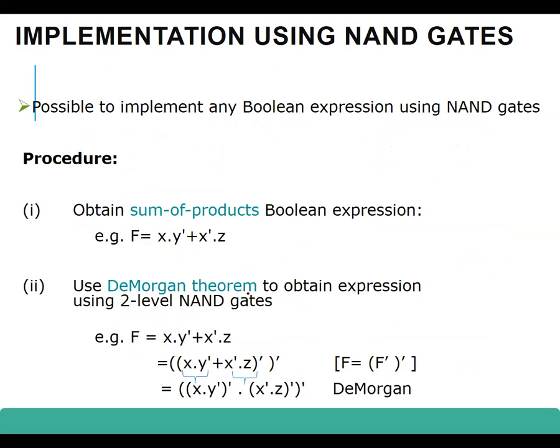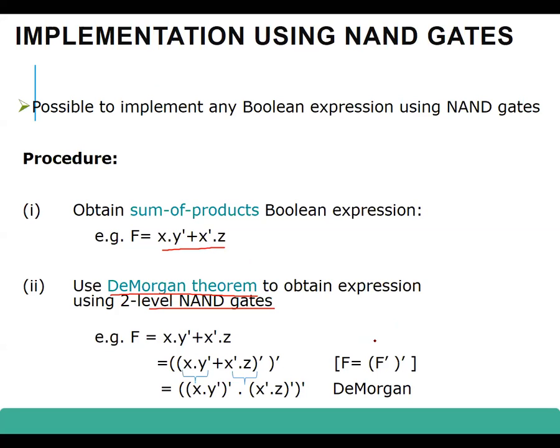First we have to obtain the sum of products form of the Boolean expression given. This is the Boolean expression provided. It's already in the sum of products form. Then you can use De Morgan's theorem to obtain an expression using two-level NAND gates.